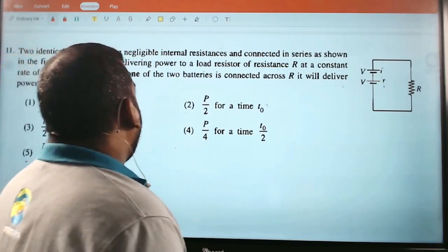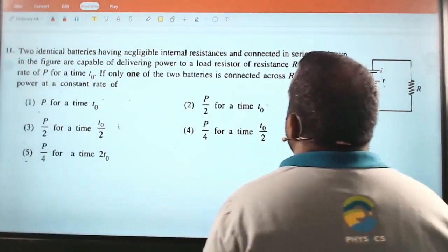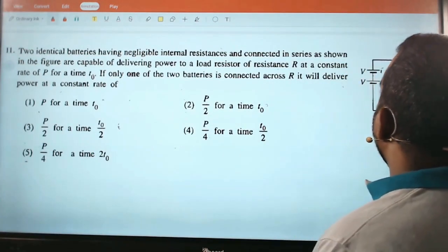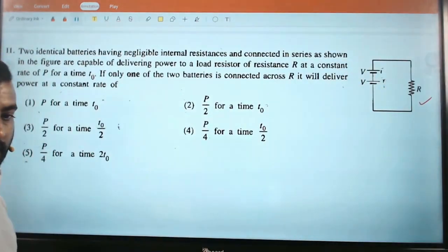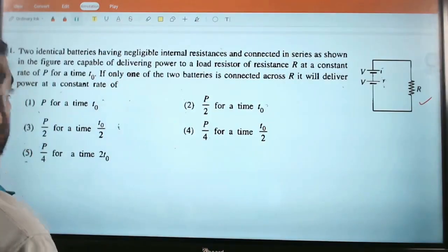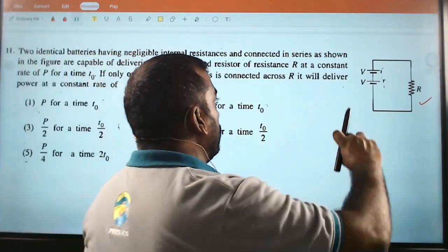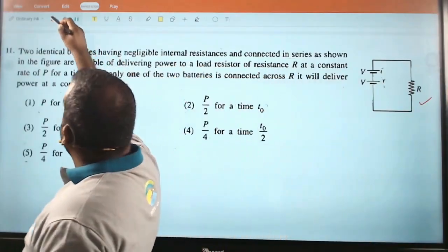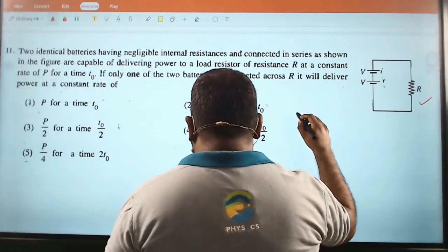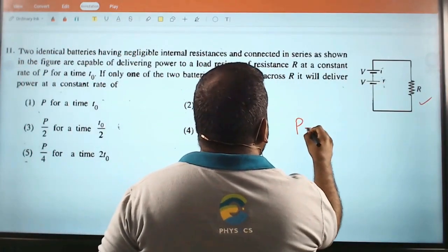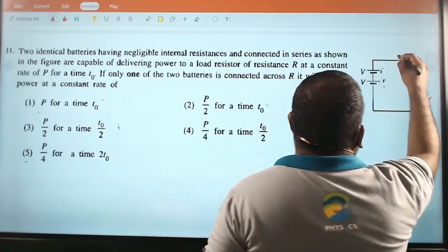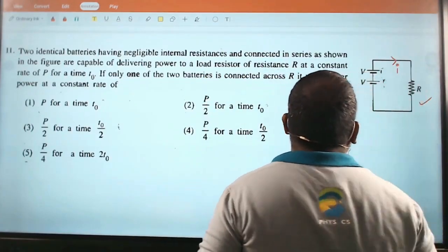Okay. Right. So here supply voltage is 2V. So power given by the battery is 2VI. Current is going to be I.